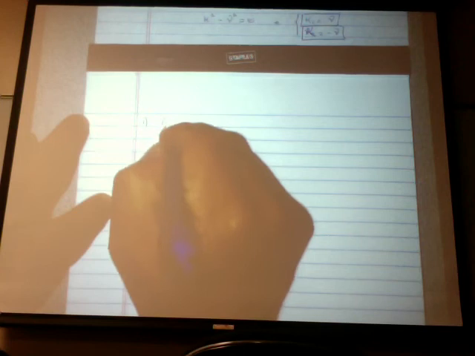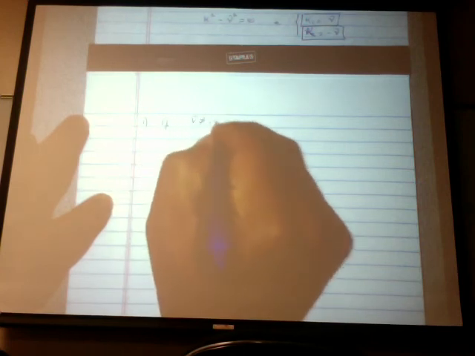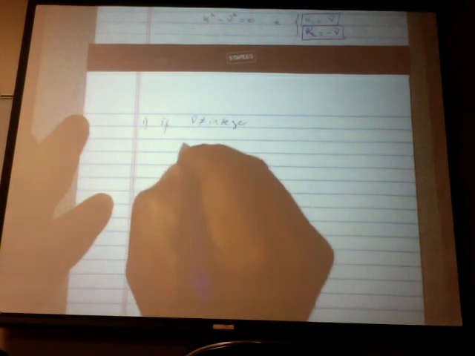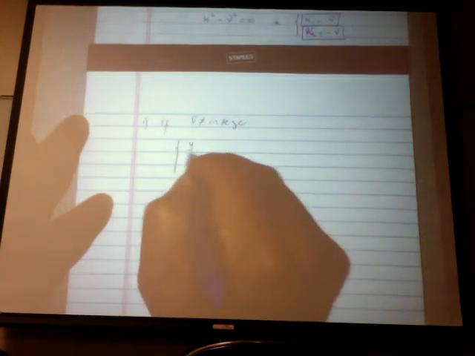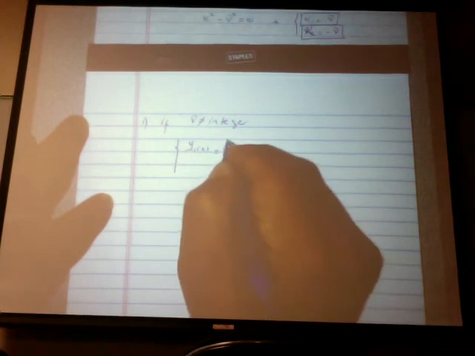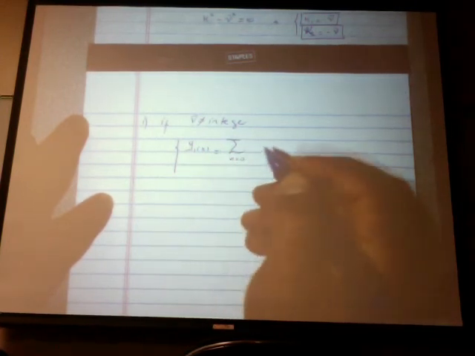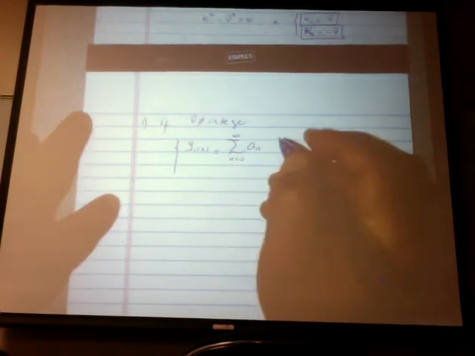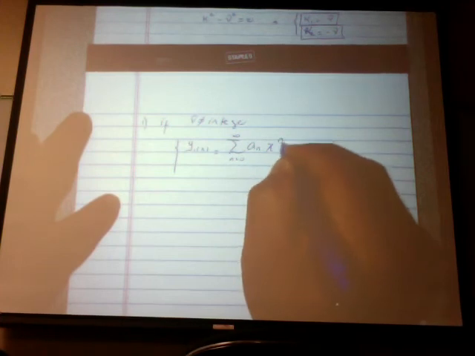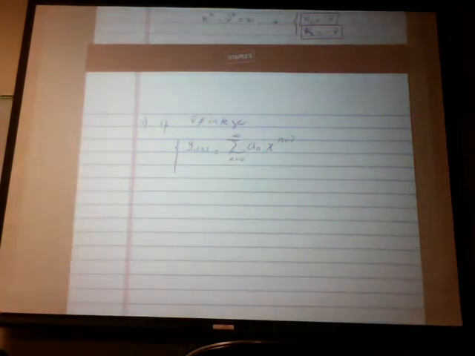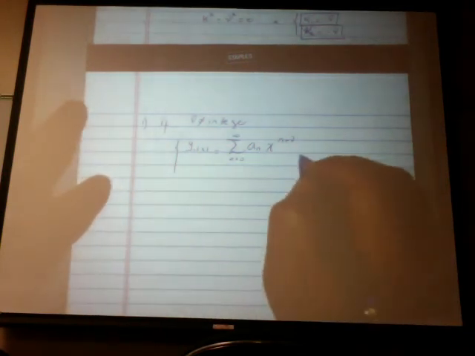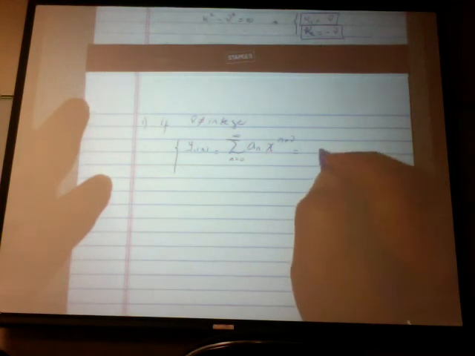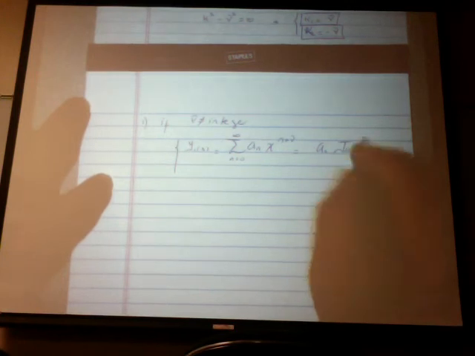1, if nu is not an integer, then we have y1 is equal to the summation from n equals 0 to infinity of an x to the n plus nu. And after major manipulation again and finding a recurrence relationship and so on and so forth, that's equal to a0 times J nu of x.